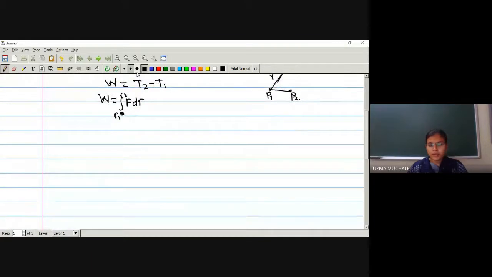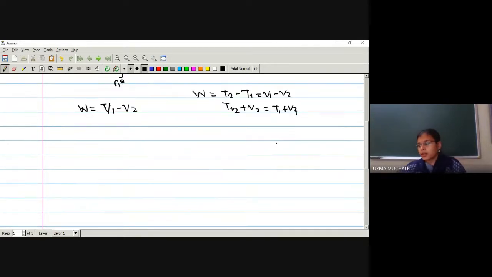With the help of that we derived that work done is T2 minus T1, and in a very similar way we found work done is V1 minus V2. And then work done equals T2 minus T1 equals V1 minus V2, which gives T2 plus V2 equals T1 plus V1. At that time we showed that the total energy of a conservative system is conserved, right?